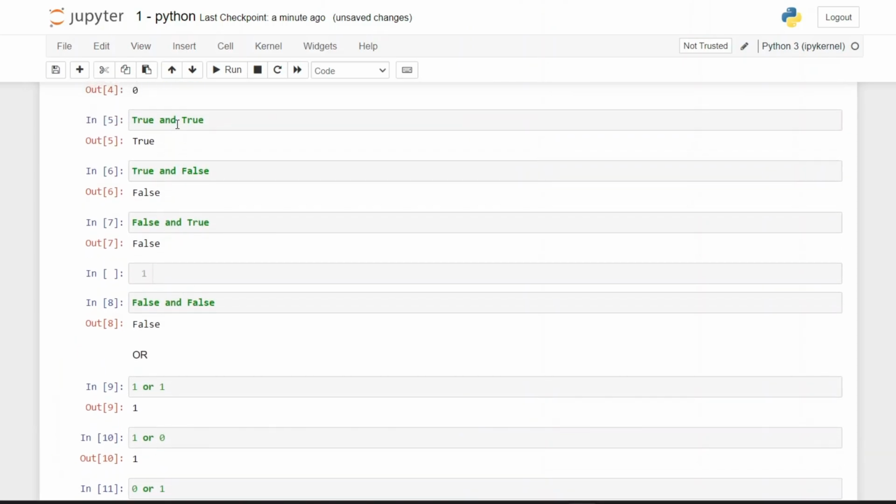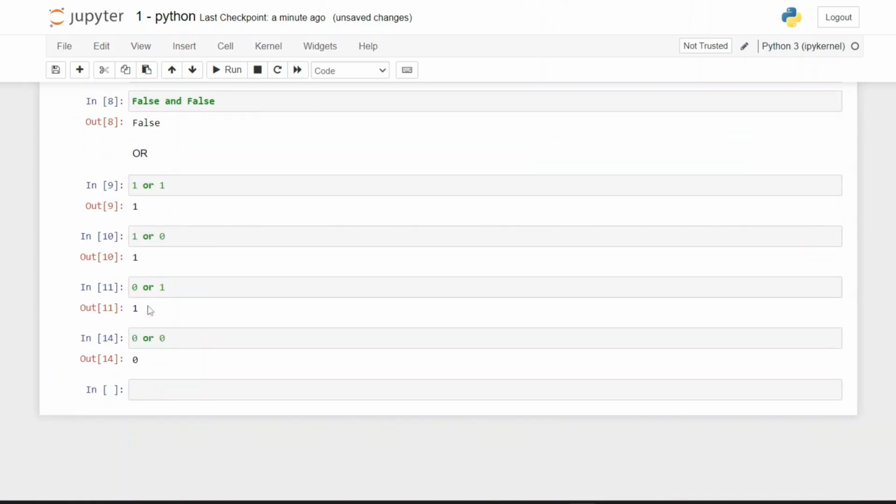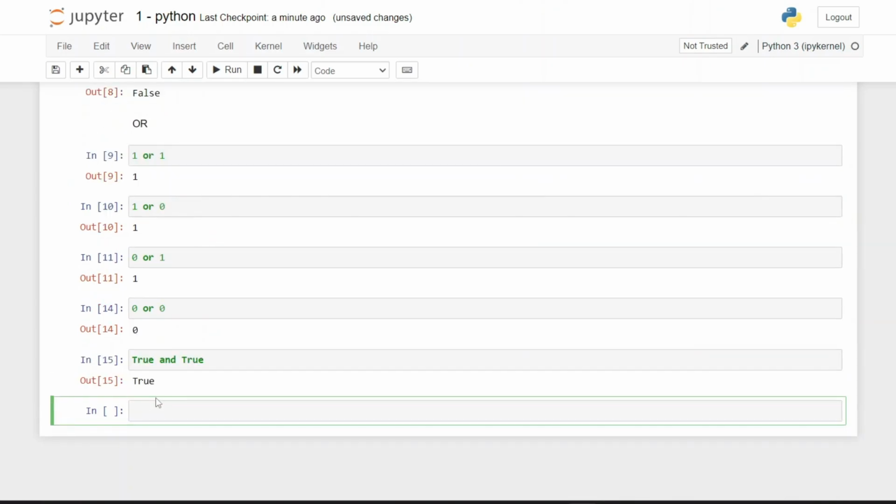Also we check with true and false values, like true and true, changing this to or. It gives you true. If you pass true or false, it also gives you true, because one of the conditions is true. These operators are used in conditions where, if one of the conditions is true, you validate the user and so on.